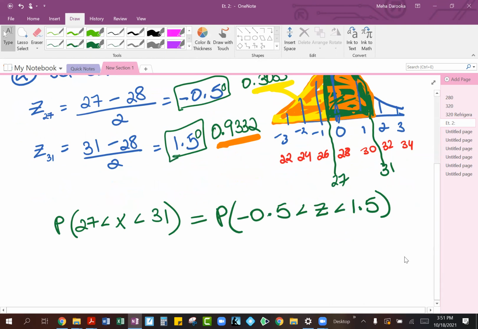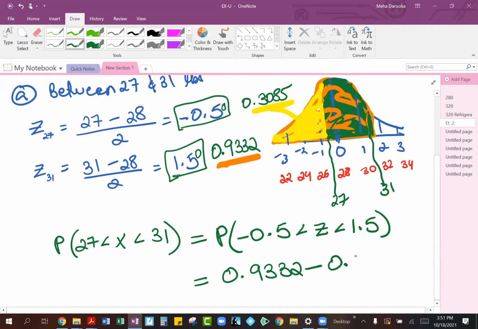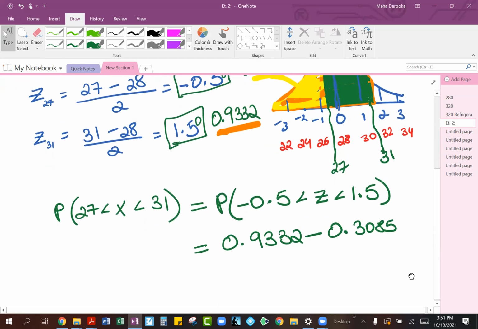So here's your data value with the X, 27 and 31. When we converted that into standard normal distribution, the X changes to a z-score. 27 became negative 0.5, 31 became 1.5, and this probability is where we take the larger area, 0.9332, and from that we subtract the smaller area of 0.3085, and that will give us that green shaded area that we were looking for.